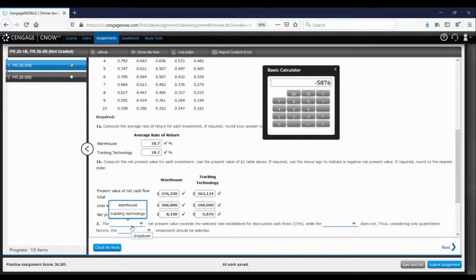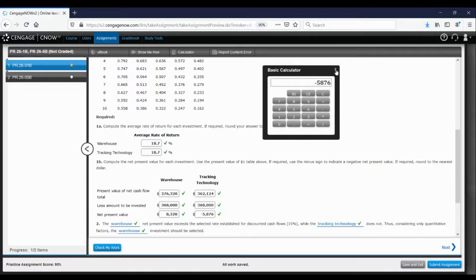The warehouse net present value exceeds the selected rate established for discounted net cash flows of 15%, while the tracking technology does not. Thus considering only quantitative, which means it's numbers that we're evaluating here, the factors, the investment that we should select would be the warehouse.